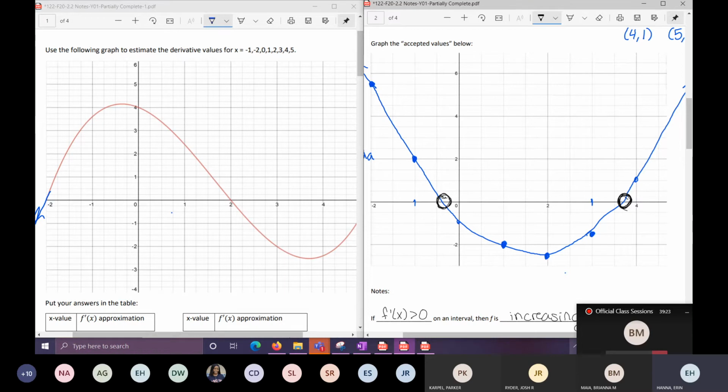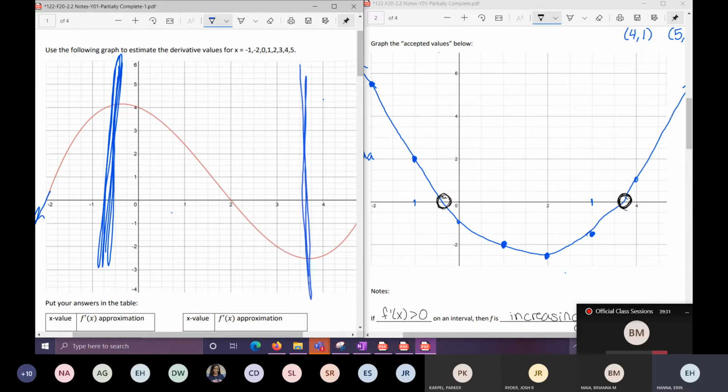It crosses the graph between 0 and 1, so right here. And it also crosses between 3 and 4, so probably about right here. So what do you notice about the original function in those two spots?